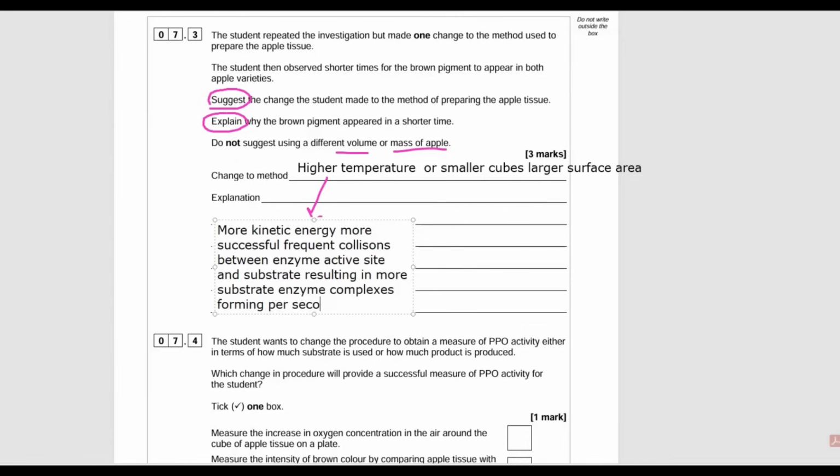I'm trying to give it a time frame. So essentially, more kinetic energy, more successful collisions between the active site and the substrate. That is going to get me those 2 marks, and that goes with the temperature one.